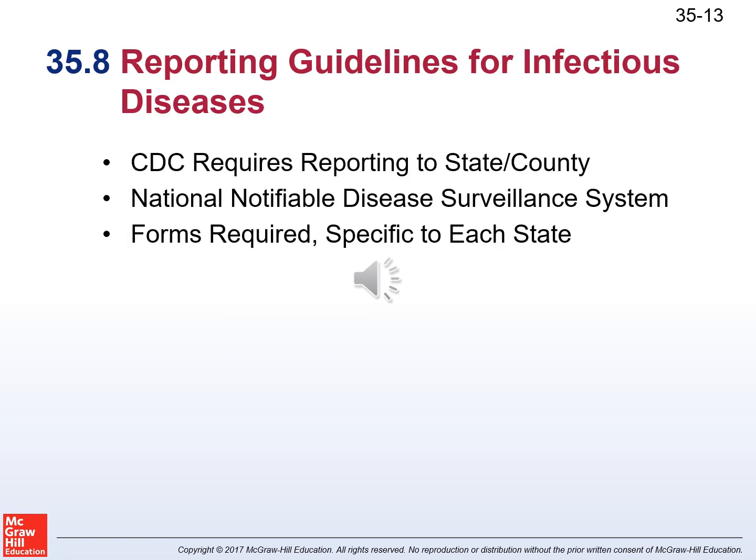In Learning Outcome 35.8, we're going to describe the CDC's requirements for reporting of cases of infections. A notifiable disease is any disease that is required by law to be reported to government authorities.